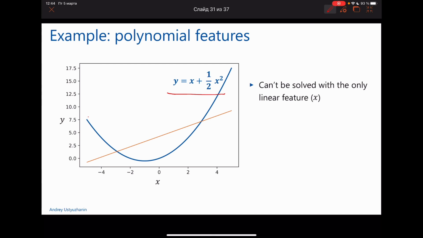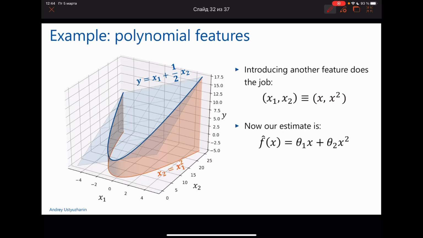No matter what coefficient you add to x, you would not be able to approximate it smoothly. But if you add another feature, like x squared, then you can estimate the solution as a linear combination of x and x squared, and then it starts working much better.